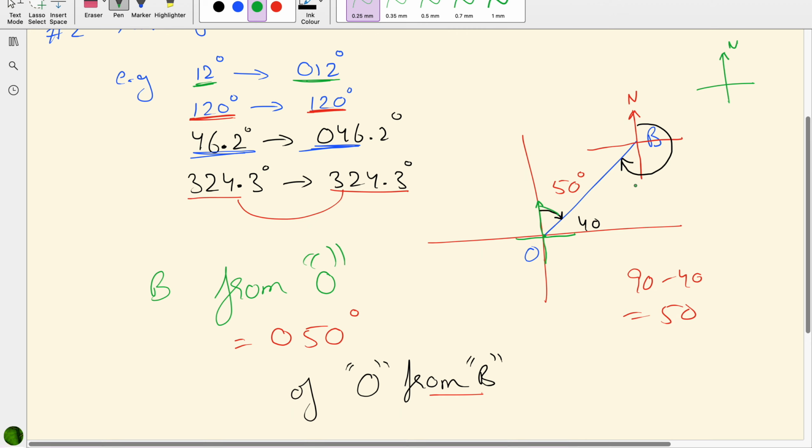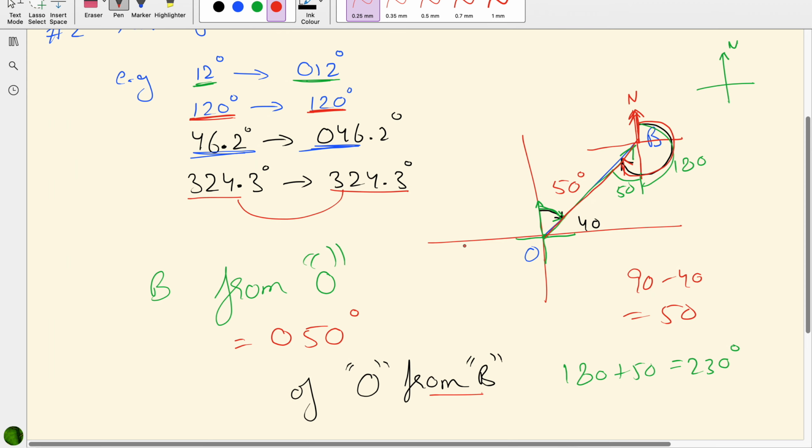Suppose I consider this 50 and this is 50 alternate angles. Now this straight line is already 180, so my total bearing is 180 plus 50. So when you add these, you get 230 degrees. So when you are at O, if you rotate clockwise 50 degrees, you will be able to see B. When you are at B, and you rotate 230 degrees, you will be able to see O.